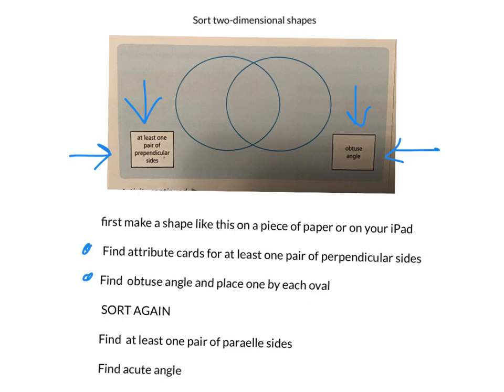This is to help you get used to what shapes look like. You're looking for angles, you're looking for different sizes. So do this and it will help you understand what each shape looks like, how many sides you're looking for, and what angles you are looking for.